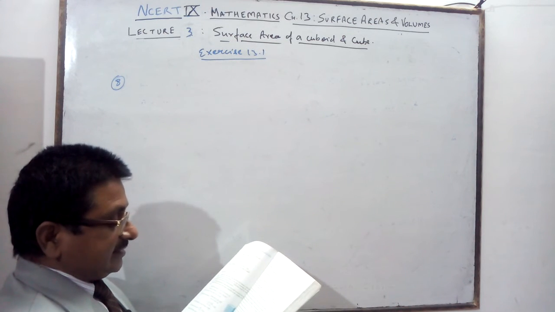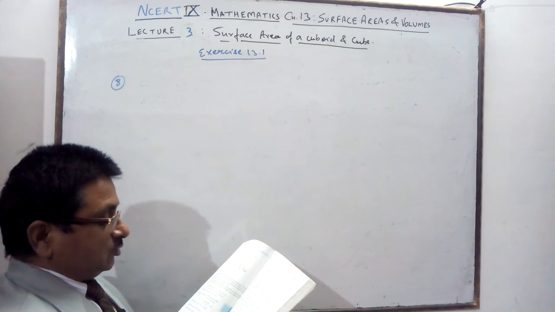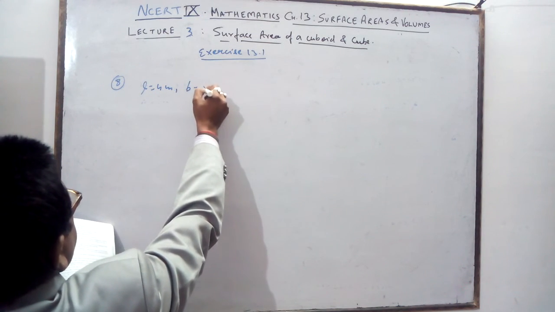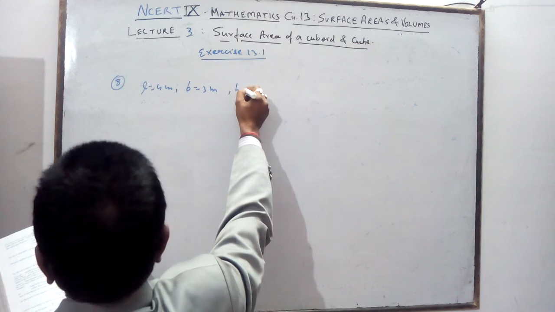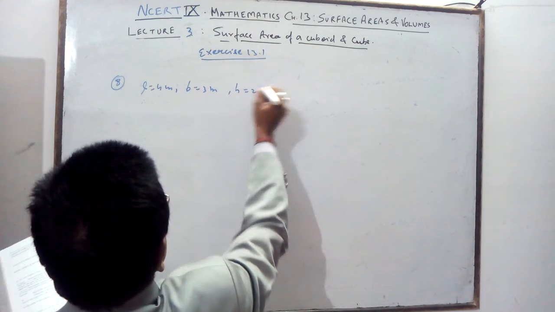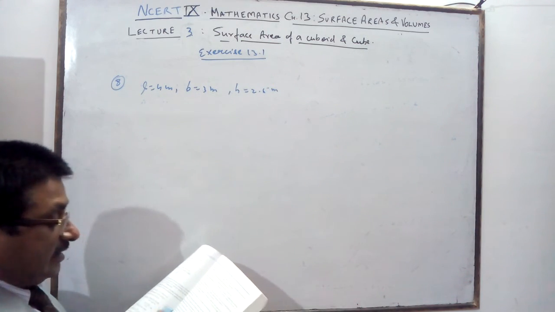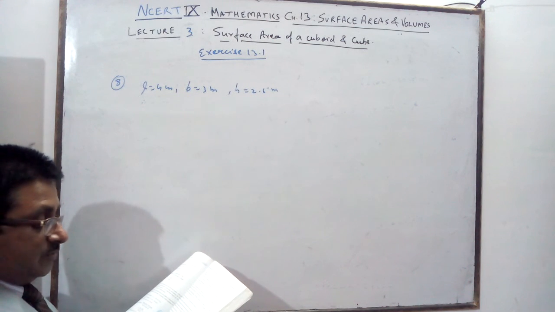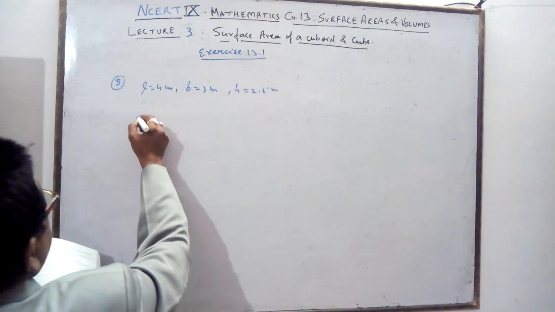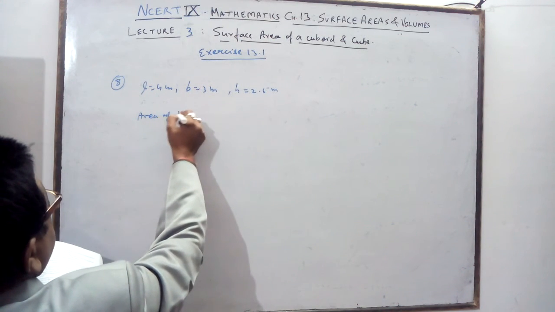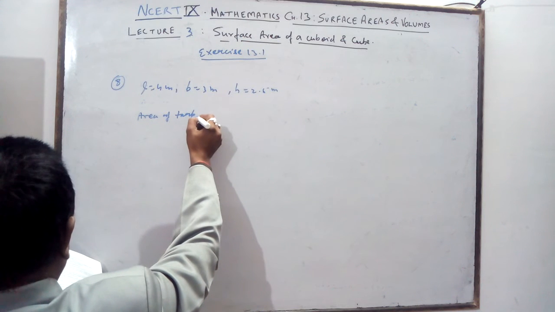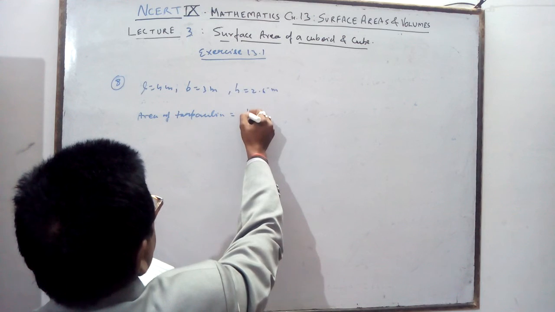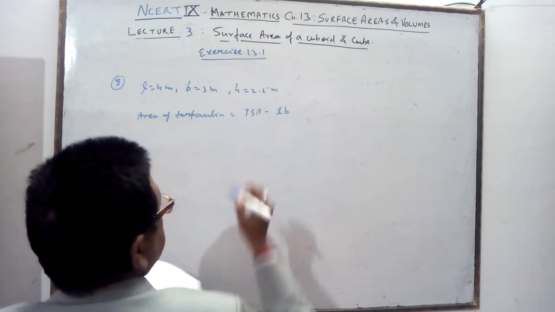So it is a cuboid, with LBH given. What is the length given? 4 meter. Breadth given 3 meter. And the height is given 2.5 meter for the car. We want to put the tarpaulin as temporary shade. So how much tarpaulin would be required? The area of tarpaulin required is equal to TSA minus LB, as the base is not there.